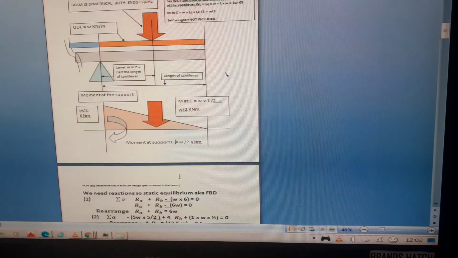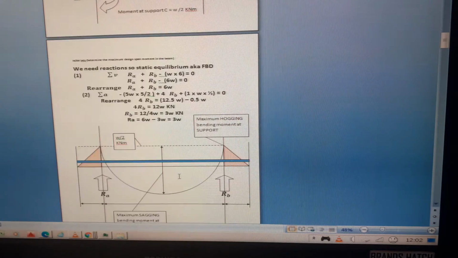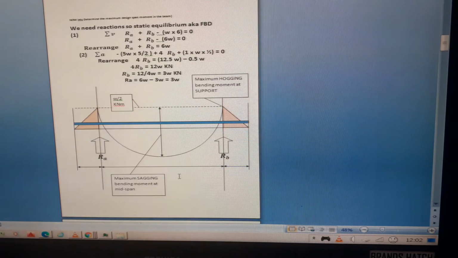The second step is to find the bending moment in the middle, the sagging moment. First of all we need to determine the support reactions RA and RB. So let's go back to our basic methods. I've already done a couple of videos on how to resolve this.